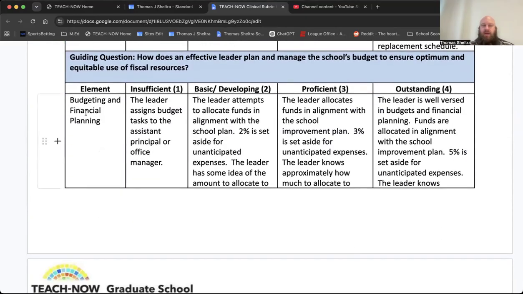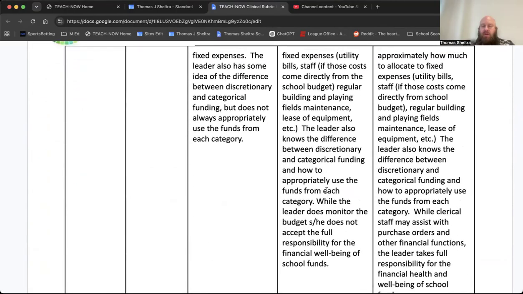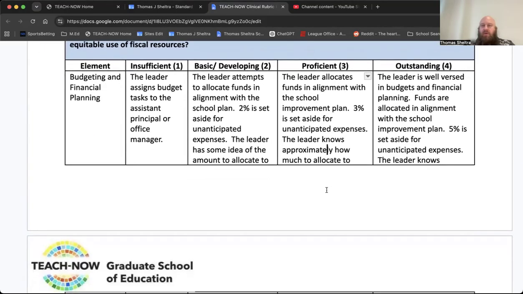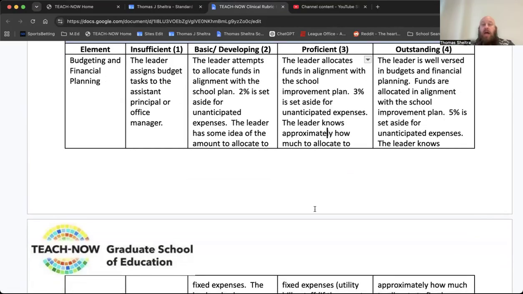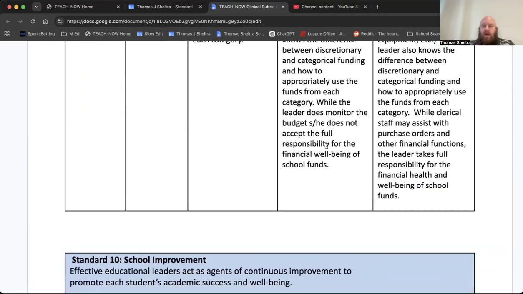And then budgeting and financial planning. Here it says 3% set aside, but I'm going to say I have 5%, but here I'm still going to say proficient, just because it shows areas where we have a little bit of spending that I think is wasteful, and it could be prioritized a little better to save money on certain things that we don't need to do right now.